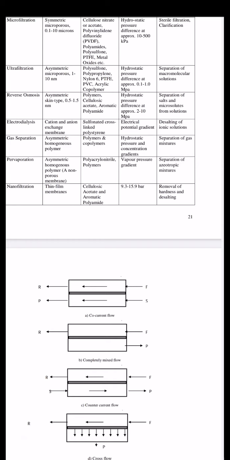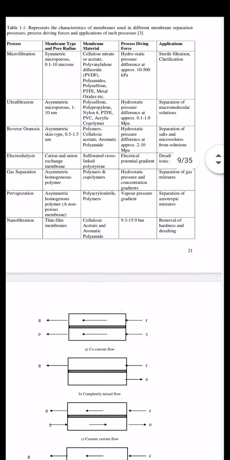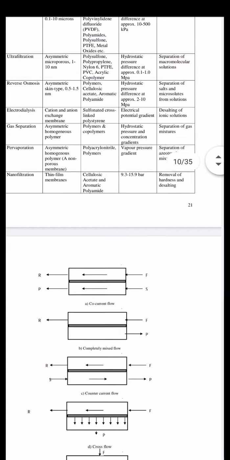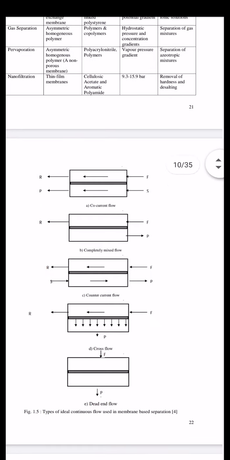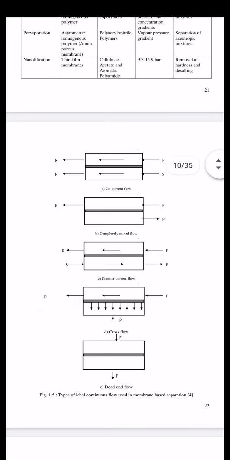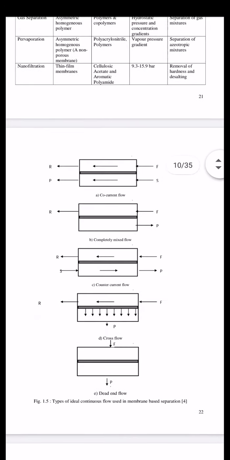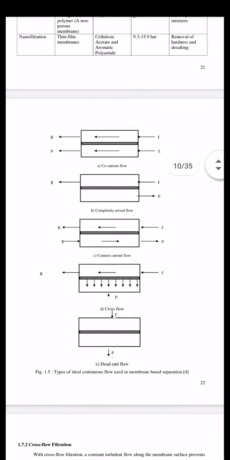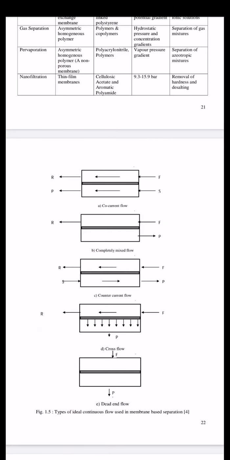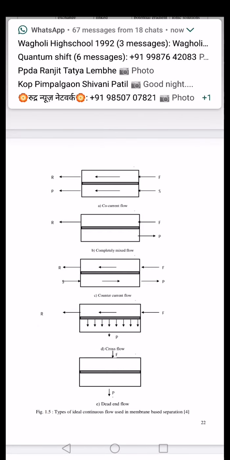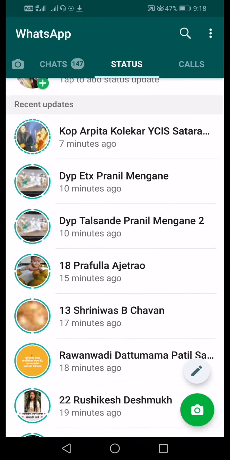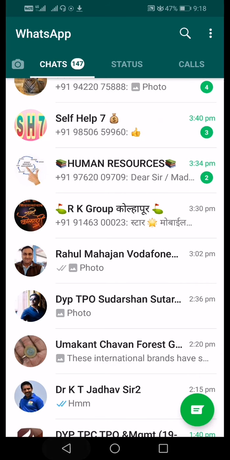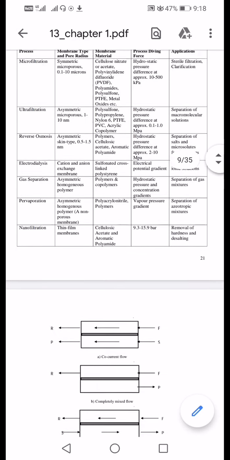The purpose of the application would be the removal of hardness as well as desalting. So the membrane should be very strong, because to withstand this pressure is not a joke. Commercially we may achieve it, but the maintenance cost might increase. The membrane may tear or may get affected by the high pressure. So this is what we have seen about the various processes and the differences.